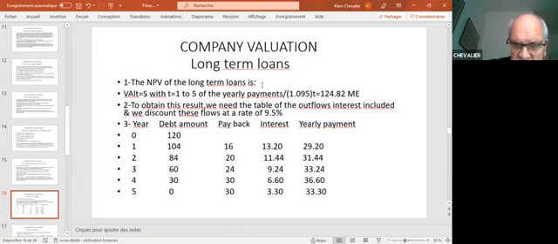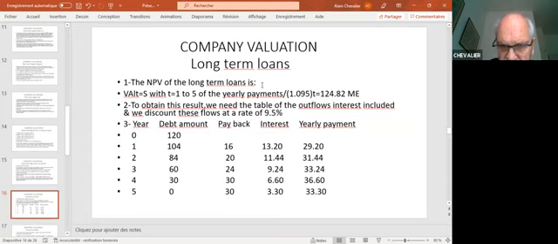And the interest rate of 11% applied to 84 gives you 9.24, and the total paid at period 3 will be 24 plus 9.24, which is equal to 33.24. Okay, and for period 4, you start from 60 as a basis of calculation, which is the debt amount at the beginning of the period.